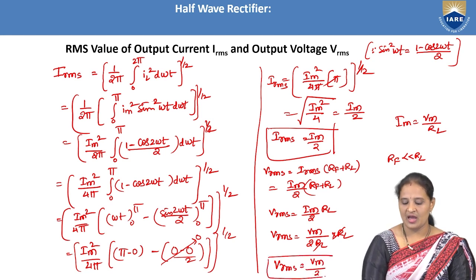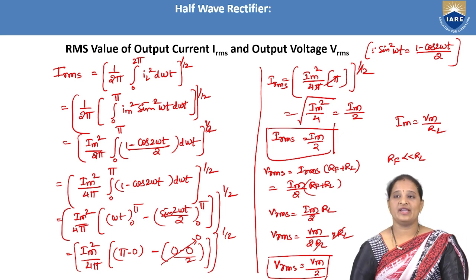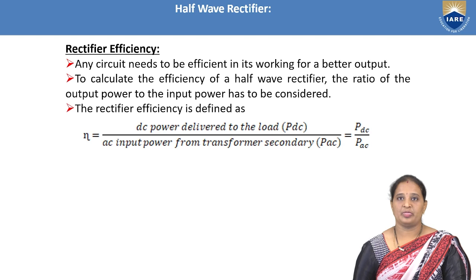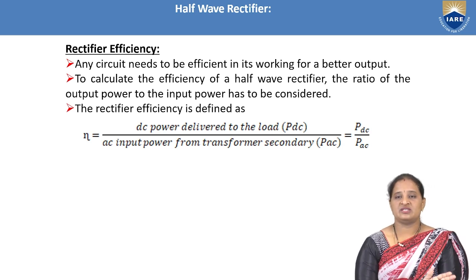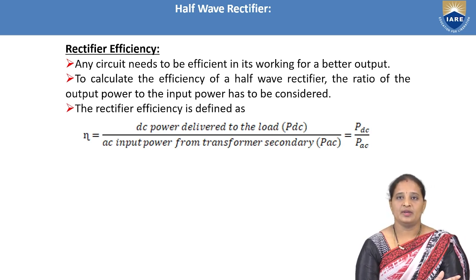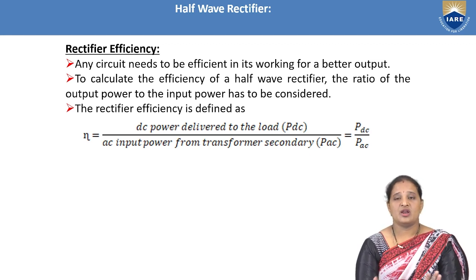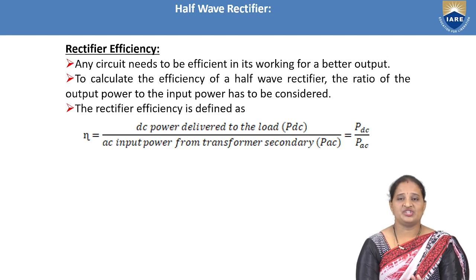So this is the RMS value of voltage across the load resistor, that is Vm by 2. So we have just found the average value and RMS value of output voltage across the load resistor. Now let us find the efficiency.